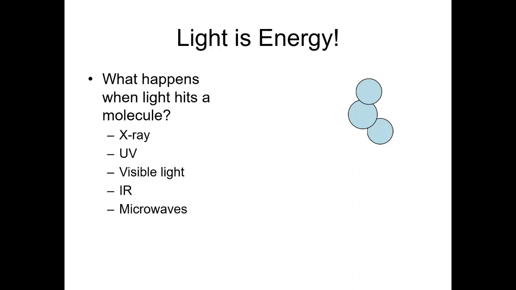It might be turning into visible light instead of another form of light, or it might be turning into motion, either the motion of an electron leaving the atom or the motion of the molecule. Now, when molecules are moving or atoms are moving, that's going to produce heat. So we're going to focus in particularly on the infrared light, where those vibrations are increasing the motions of the atoms and increasing the heat.